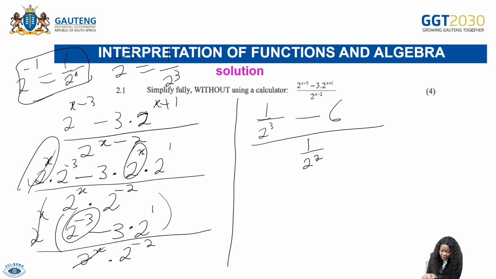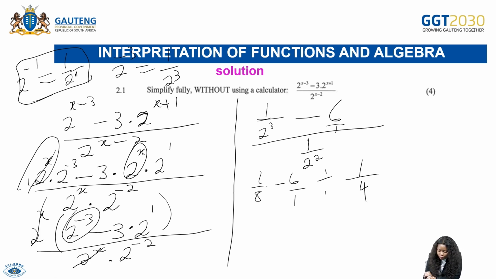So if I simplify here, I'll get 1 all over 8 minus 6 all over 1, and then it is all divided by 1 all over 2 to the exponent 2. Let me just write it as 4, so my 2 to the exponent 2 is given as a 4.